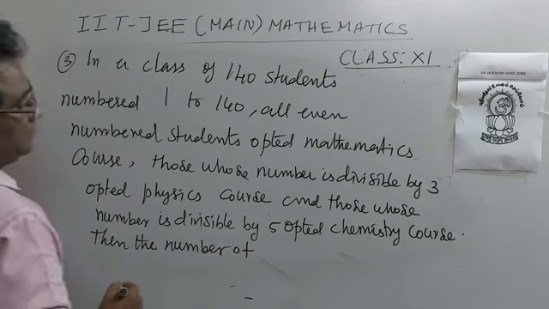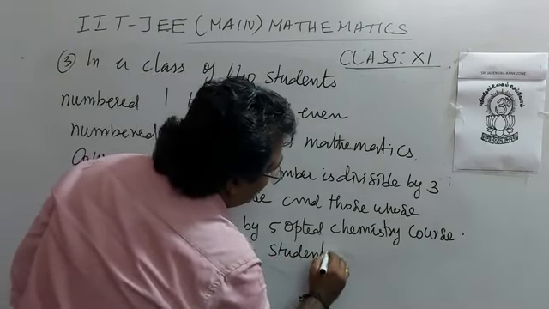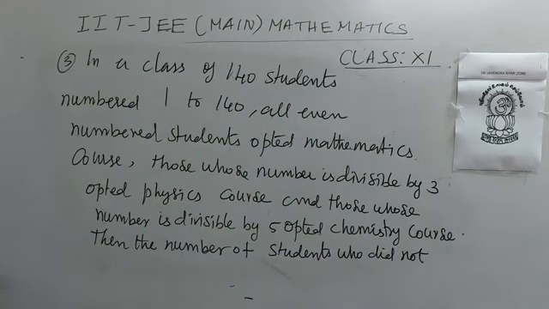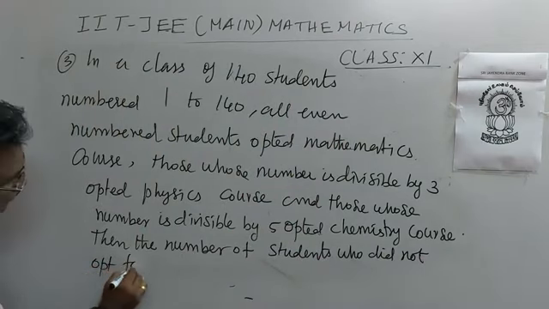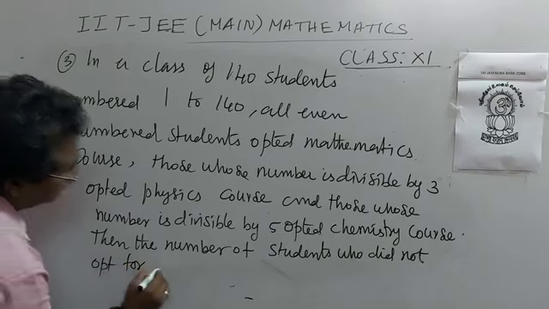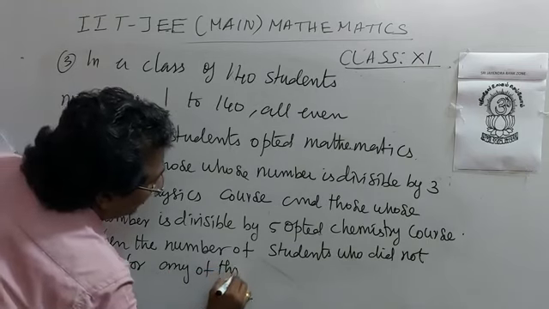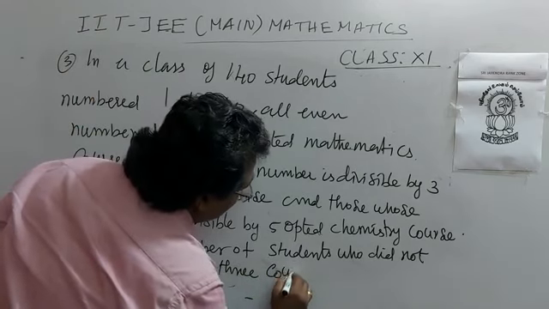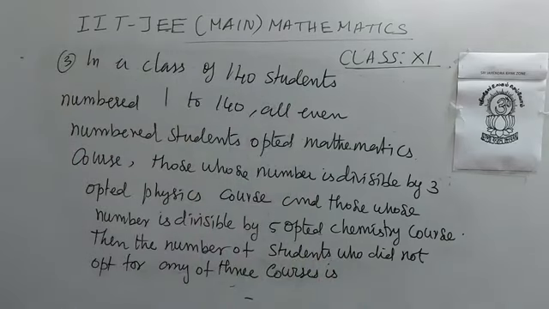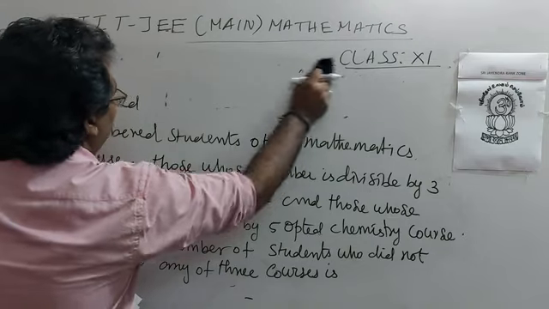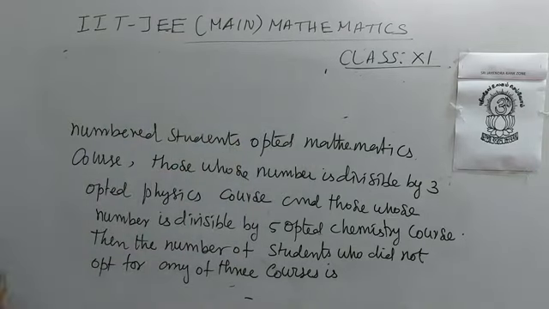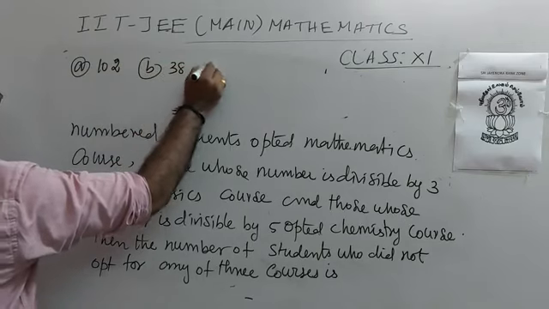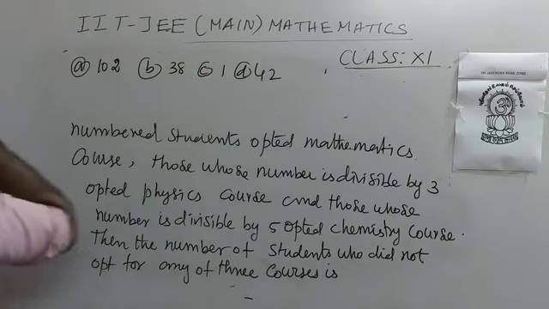Then the number of students who did not opt for any of the 3 courses is: option A 102, option B 38, option C 1, option D 42.